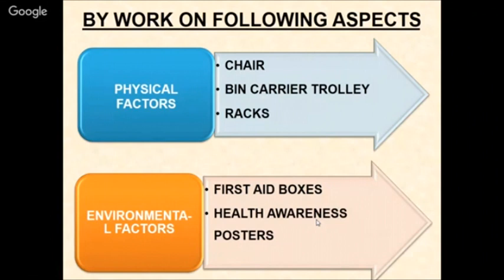So these were the three physical factors they took to modify: the chair, the bin carrier, and the racks. Then from the health and awareness point of view, the environmental factors they have taken were first aid boxes, and they tried to create health awareness by posters.